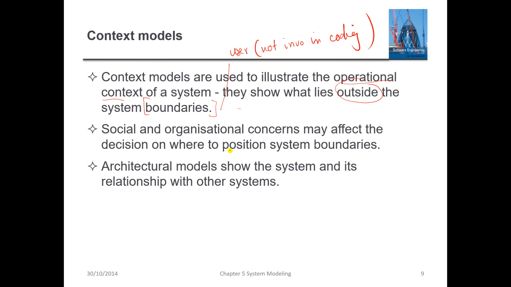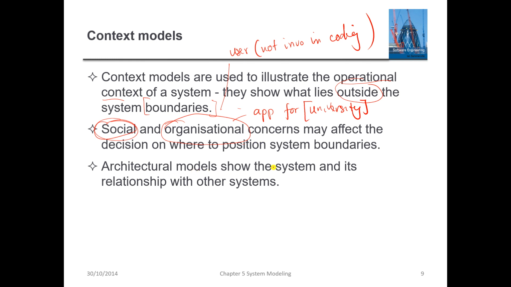Social and organizational concerns may affect the decision on where to position system boundaries. It means you need to consider the social organization. For example, if you write an app for a university, you must consider what kind of organization this university is, UTS or another university. So you must be concerned.